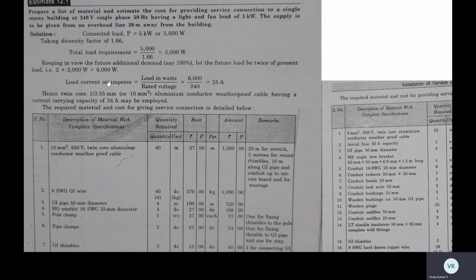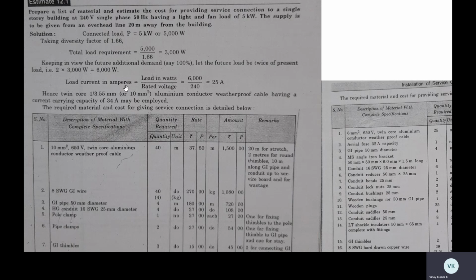If in future I add a few more appliances, then we have to make additional arrangements in the beginning itself. So for that purpose, we have taken additional current. That is for additional loads. Just multiply it by 2, and based upon that we calculate the current.